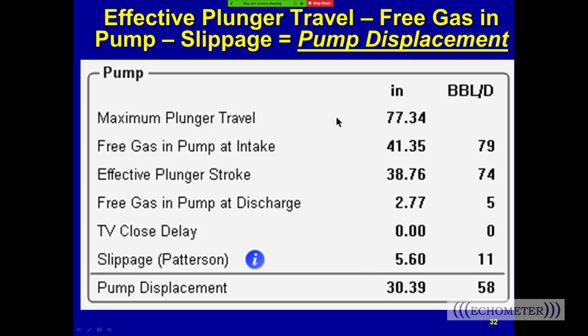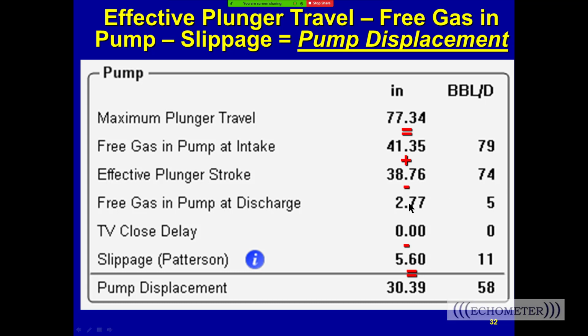It shows that the total maximum plunger travel is 77 inches. You have 41 inches of free gas at the pump intake, which is a loss. That's 79 barrels per day due to gas interference. The effective stroke, with the plunger open when the valve opens, is 38.7 inches, which means the effective pump displacement is 74 barrels.